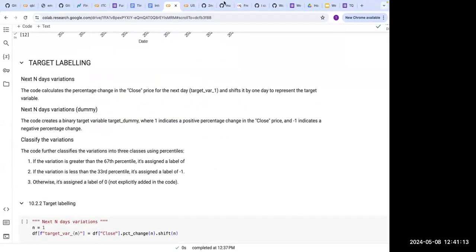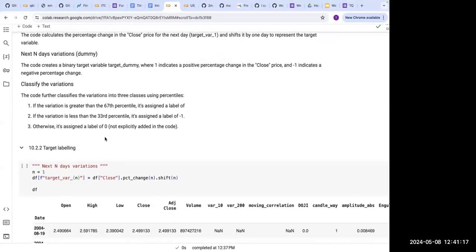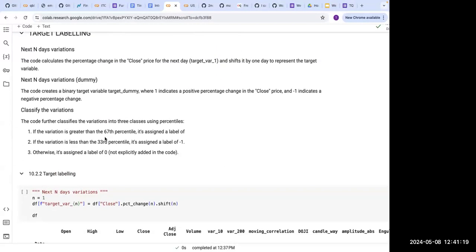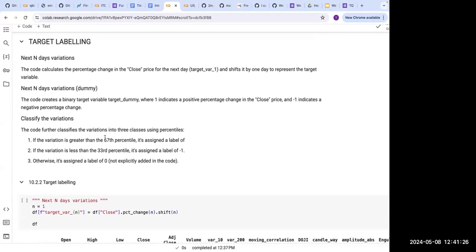I've included some other code here as well on the target labeling. So I'll just go over this briefly and then you can read more about it. Target labeling means you are labeling whether your target is a positive percentage increase or a negative one by 1 or -1, similar to what we did for engulfing.